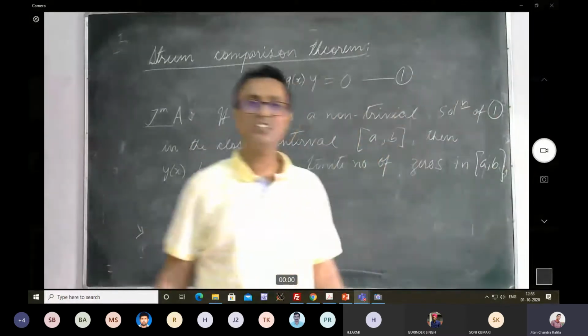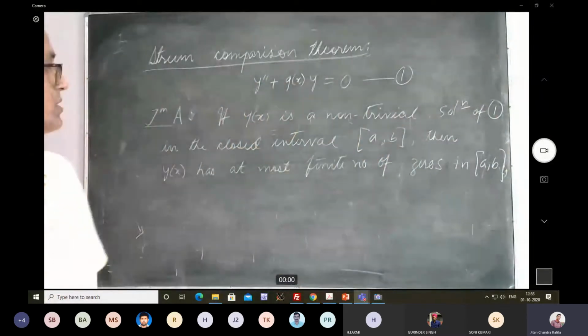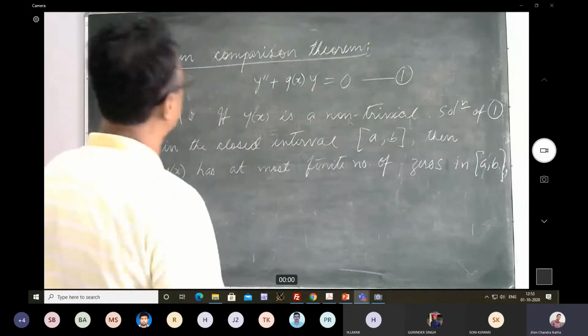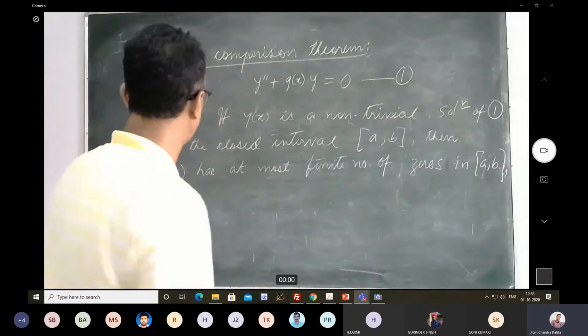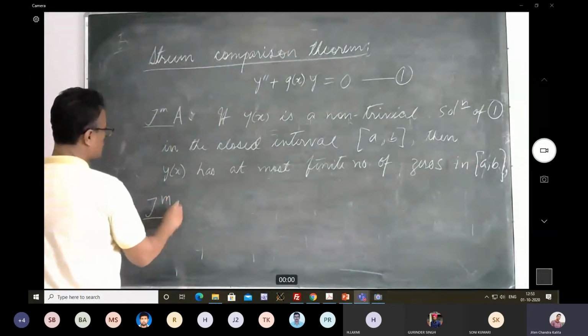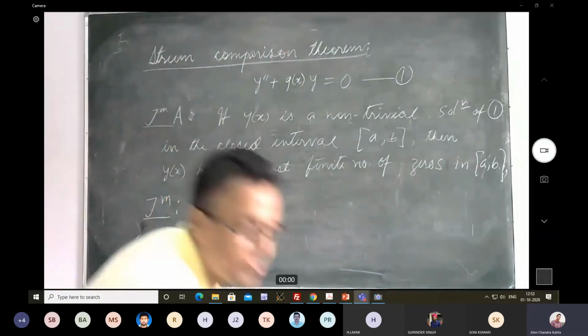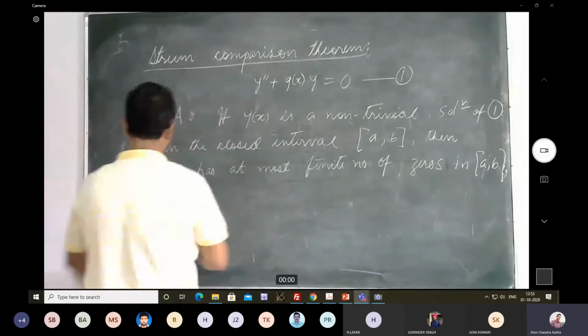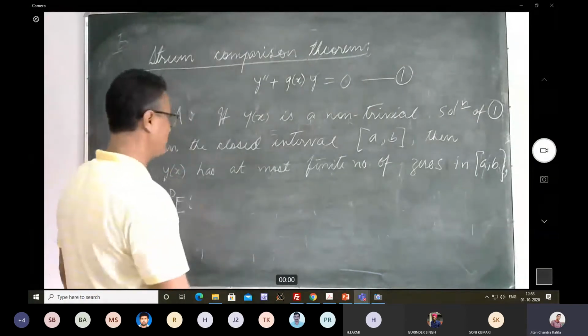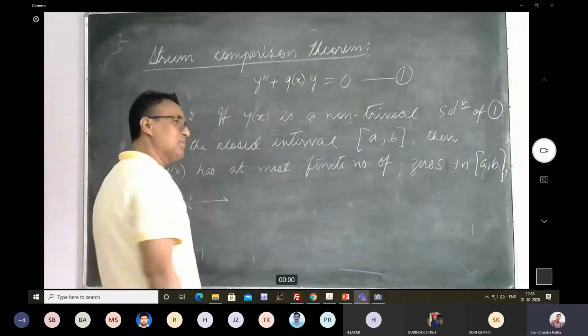See, here they are not even concerned about the property of small q(x). They don't tell us whether q(x) is greater than 0 or less than 0. Okay, so the proof is very straightforward. It is a two-line proof. So again, it is going to be by contradiction.